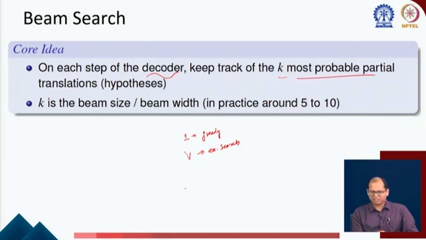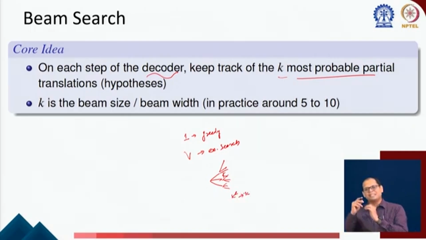That means first step I will choose only K, and now because each of these can again give me K, I will choose from these K square, again I will choose the K highest probable sequences, so that it does not increase exponentially. Every time I will limit it to only K most probable completions at this point, K hypotheses. And this K is typically known as the beam size or beam width.